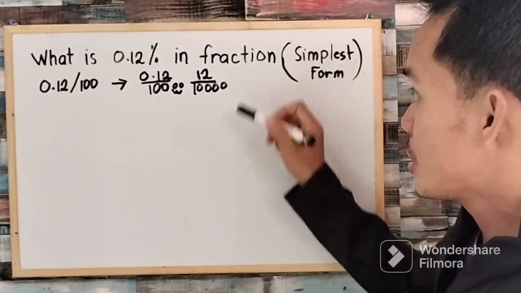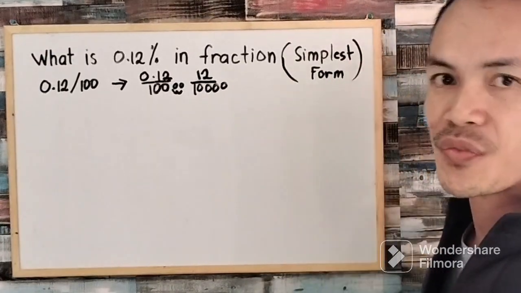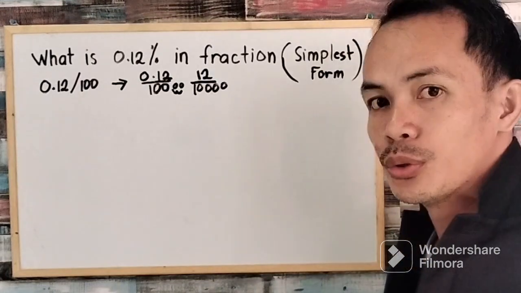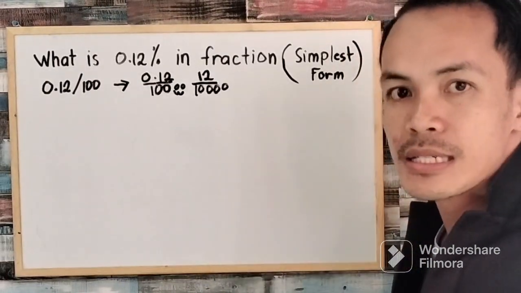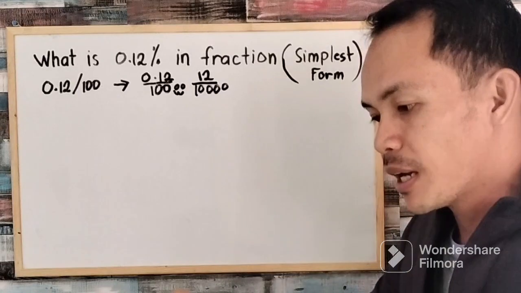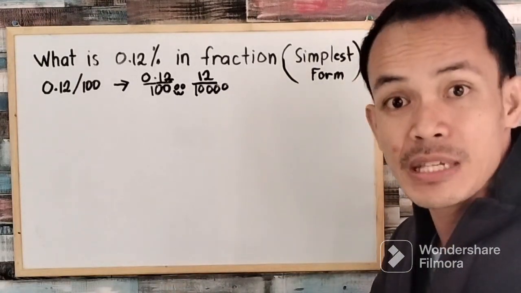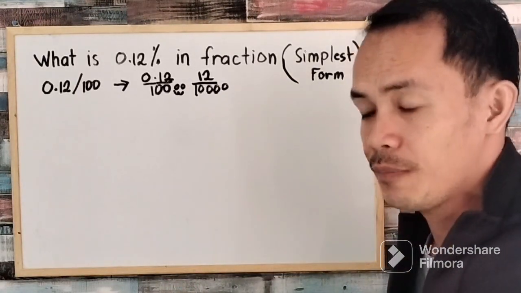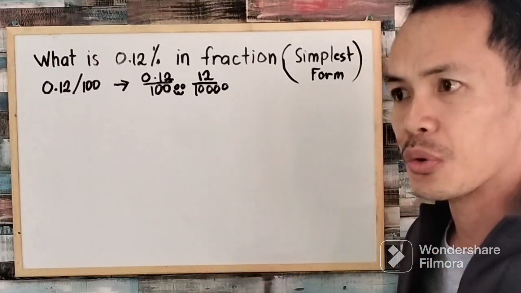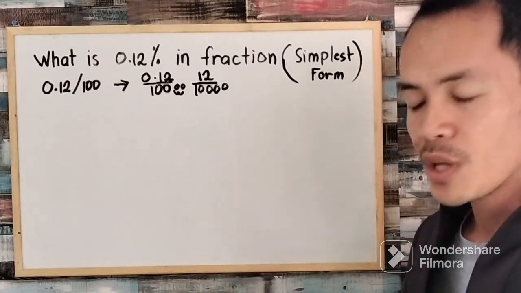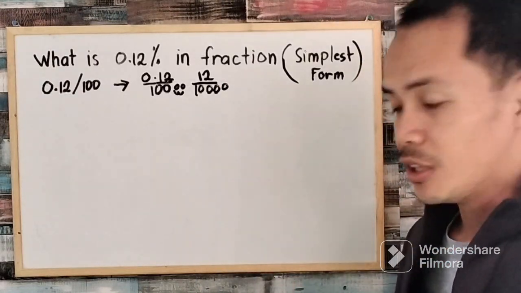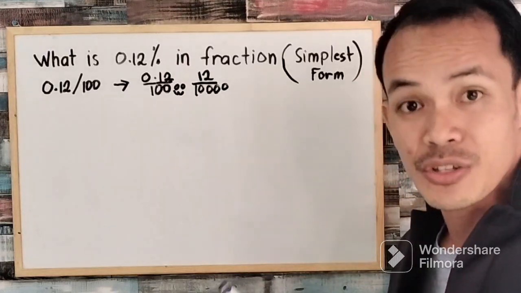Why? Because this is not yet in simplest form. So what are we going to do? We have to simplify this by applying divisibility rules. Okay? So how do we know that a number is divisible by 2, divisible by 3, divisible by 4, divisible by 5, and so on?